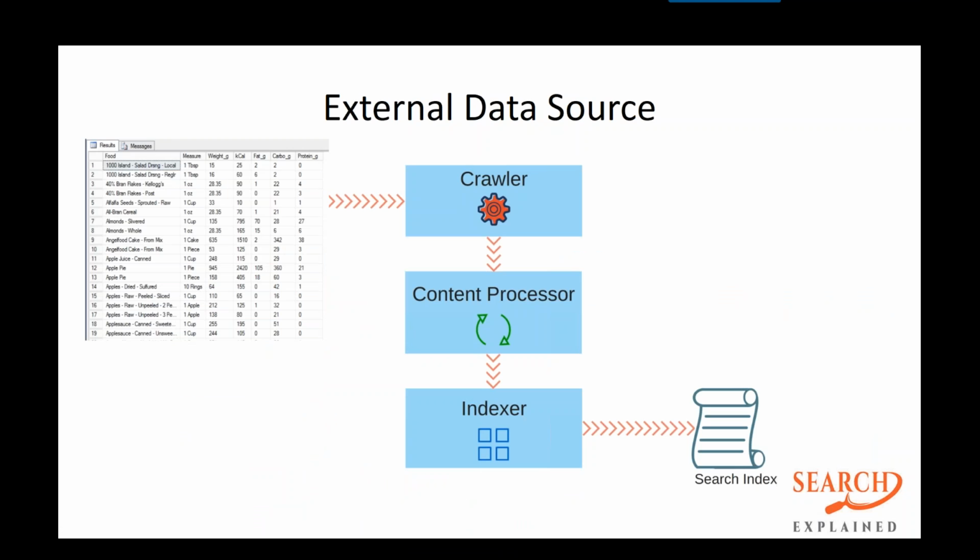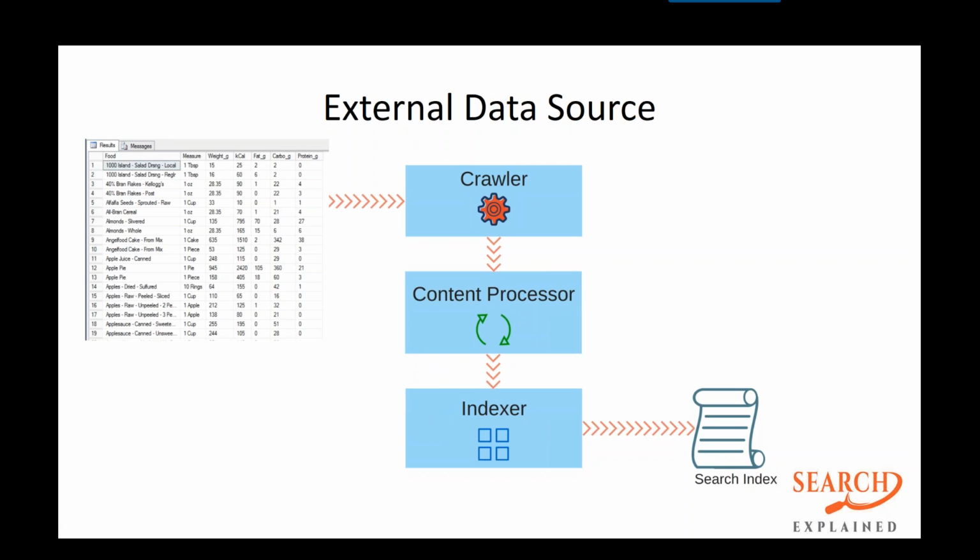The other thing we can do with those simple data sources via business connectivity services is we can not only display the data, but of course we can crawl the data as well. So using the very same SQL database, I can use SharePoint to crawl, process, and index the same SQL database.